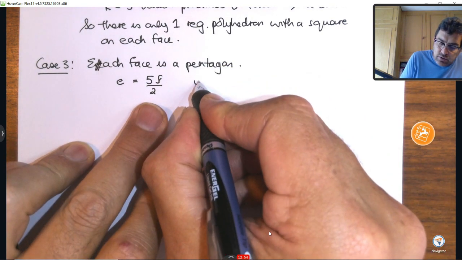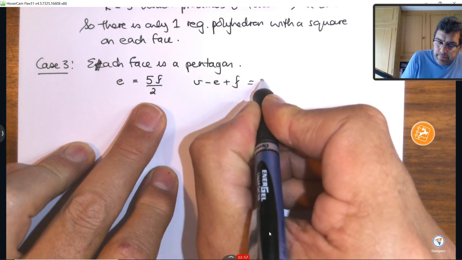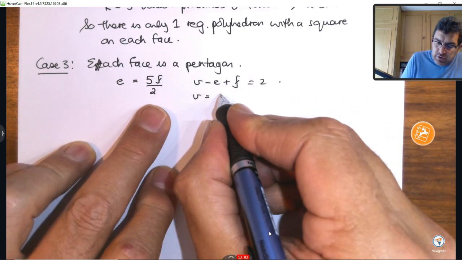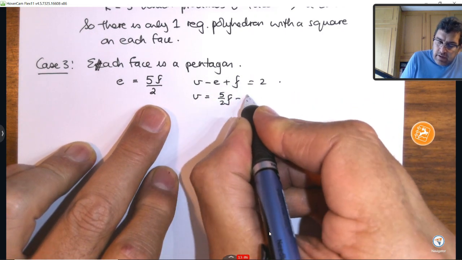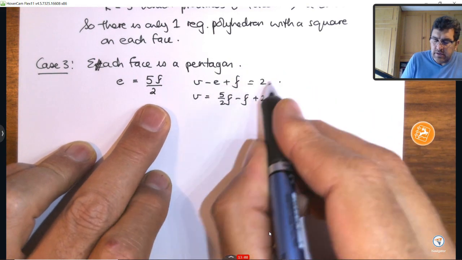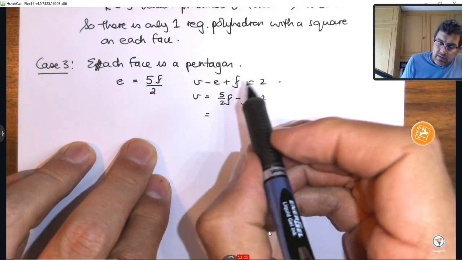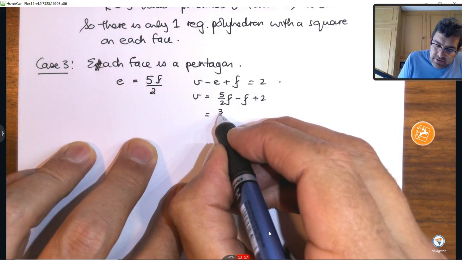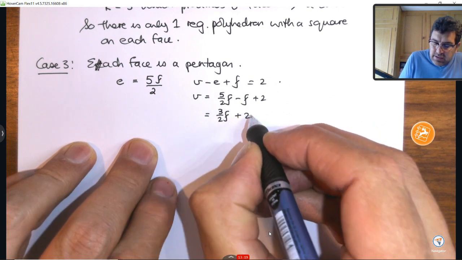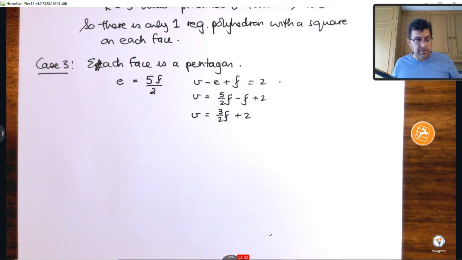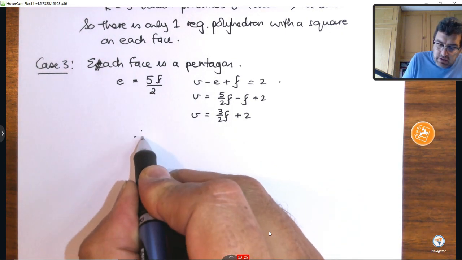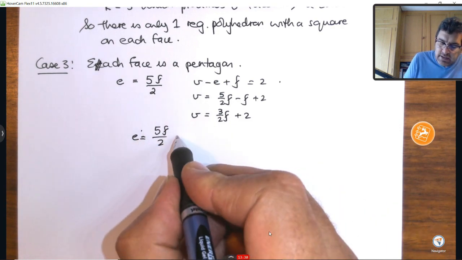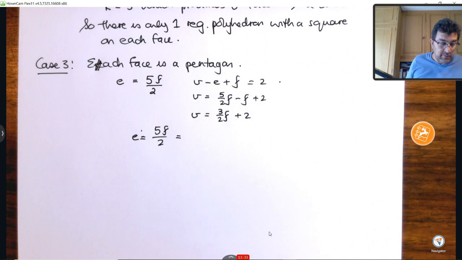Now if I take this into Euler's formula, the number of vertices will be the number of edges, which is 5 over 2 f, minus f plus 2. I just threw everything to the other side. So 2.5 minus 1 is 1.5. Okay, so it's 3 over 2 f plus 2 is my number of vertices. Now if I equate those two, 5f over 2, so the number of edges being of degree k, obviously.